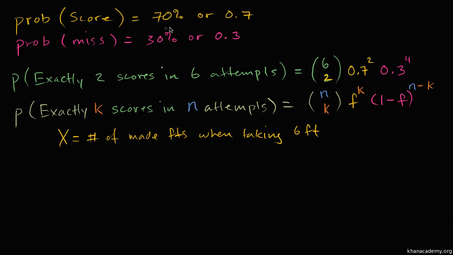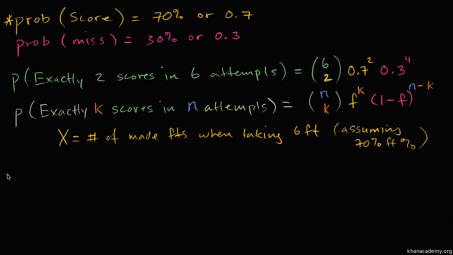And we're going to assume what we assumed in the first video in this series: the 70% free throw probability, so assuming a 70% free throw percentage.